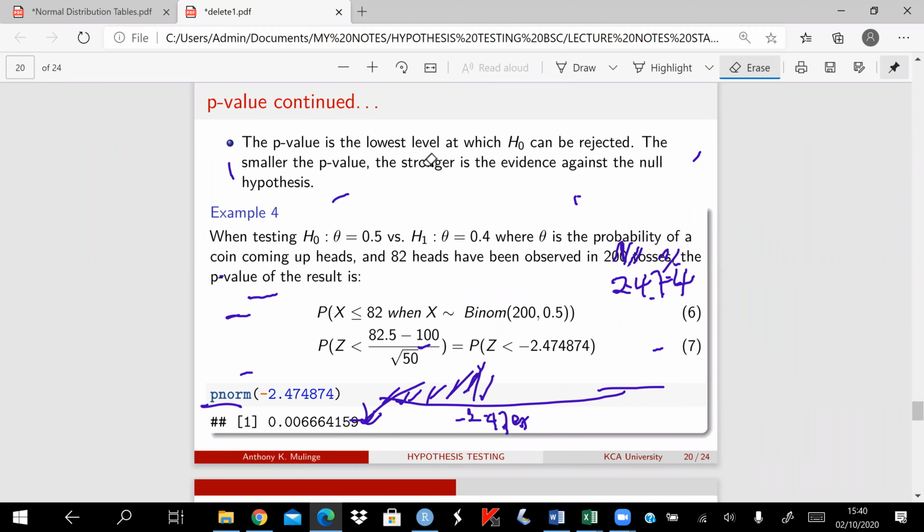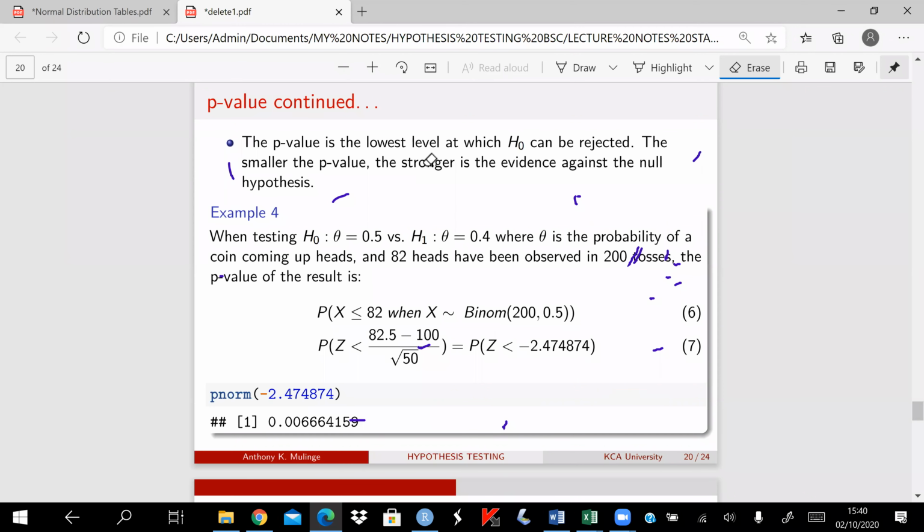So this is the evidence that we have in support of the null hypothesis. This probability value here, 0.0066 etc., is the evidence that we have in favor of the null hypothesis. To know whether this evidence is large enough or small enough, you must have a threshold, and the threshold is determined by alpha.